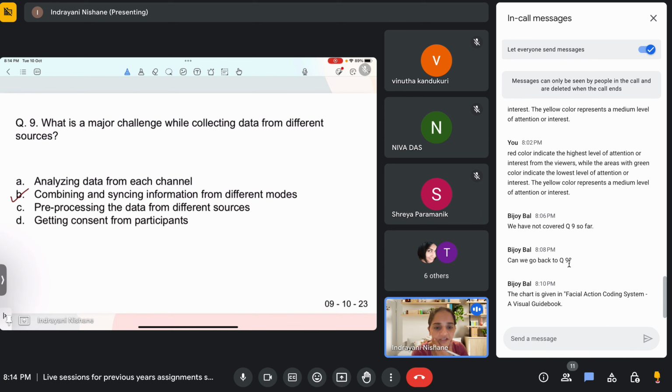I'm actually waiting for this, because we discussed this when we were discussing this question: why combining and syncing information from different modes is a challenge. Every sensor has its own way of capturing data. They capture different information, so that raw information you can't club together. You have to convert it into some features and uniform timestamps to combine it.